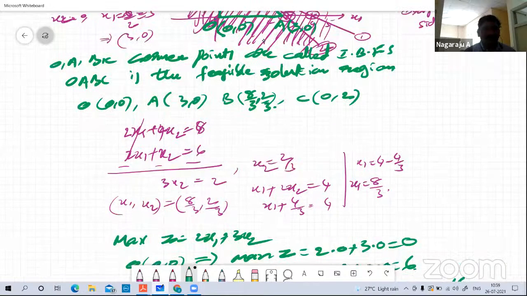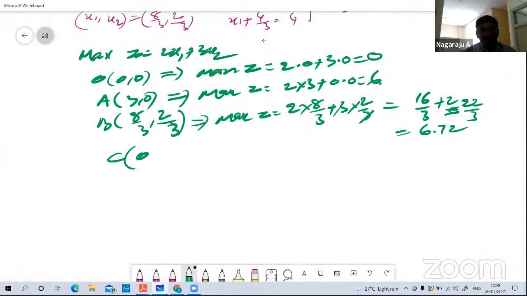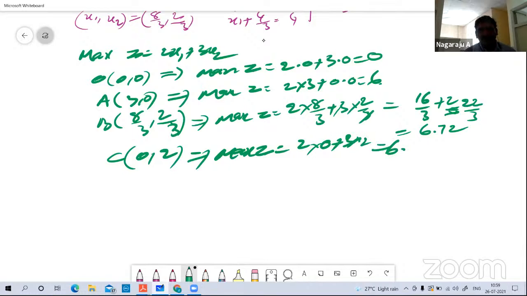Substituting 0 comma 2, z equal to 2 times 0 plus 3 times 2, equal to 6.